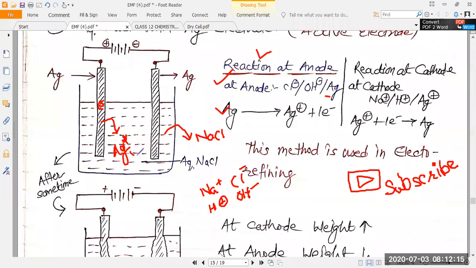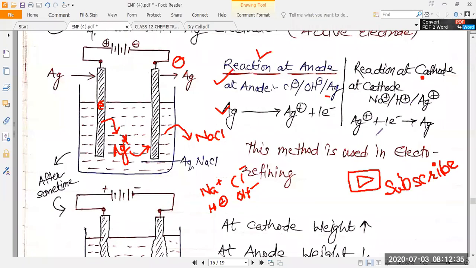These ions come towards the negative electrode, the cathode, which is also made of the same element, silver metal. So at the cathode there are three ions: sodium ion, hydrogen ion, and silver ion.